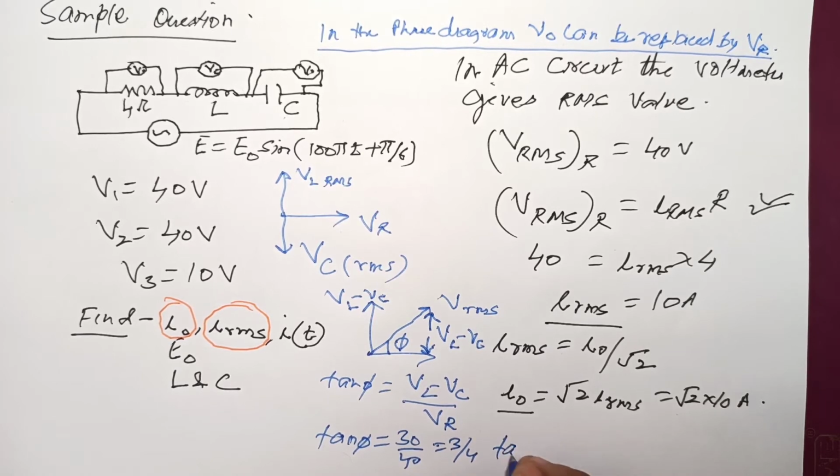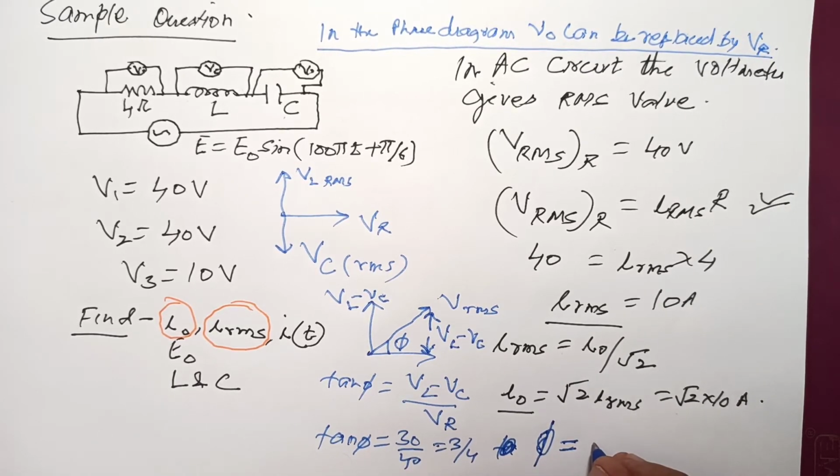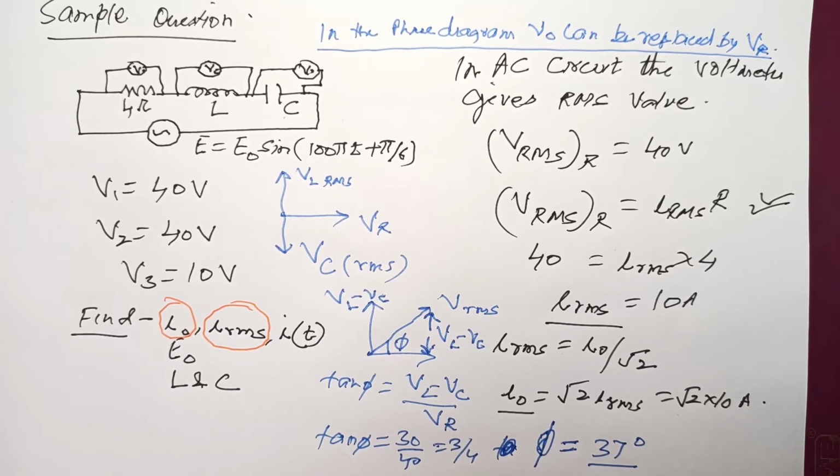So phi is equal to 37 degrees. That makes sense.